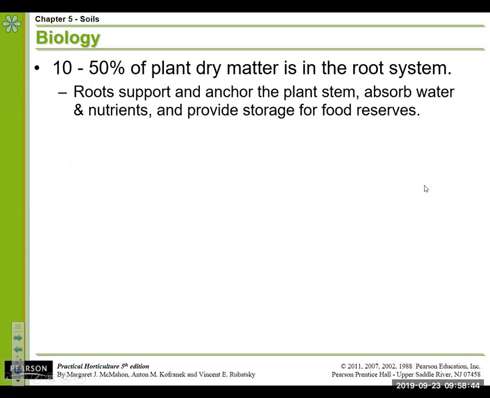What do the roots do? Well, they're supporting and anchoring the plant itself. They're also there to absorb water and nutrients, as we know. And in some cases, especially with tuberous roots, they're providing some storage for food reserves.